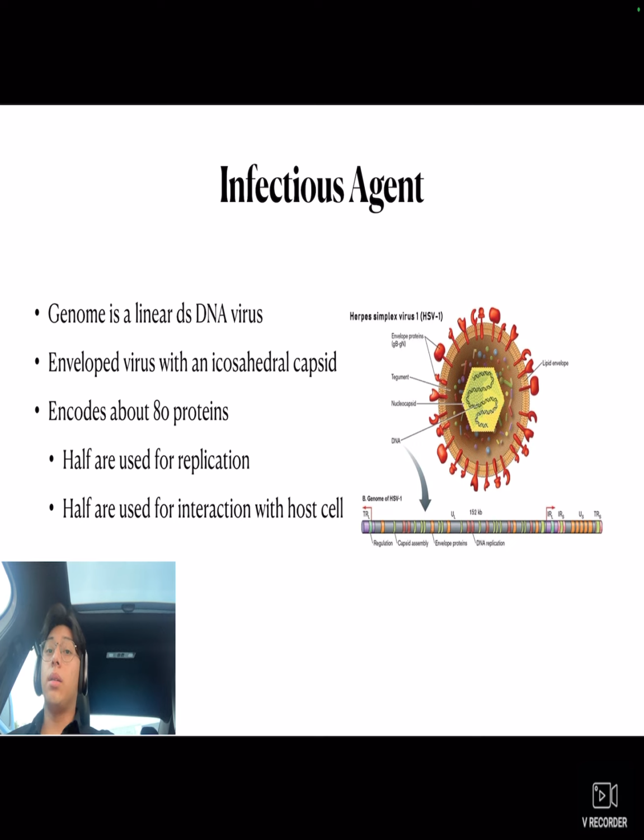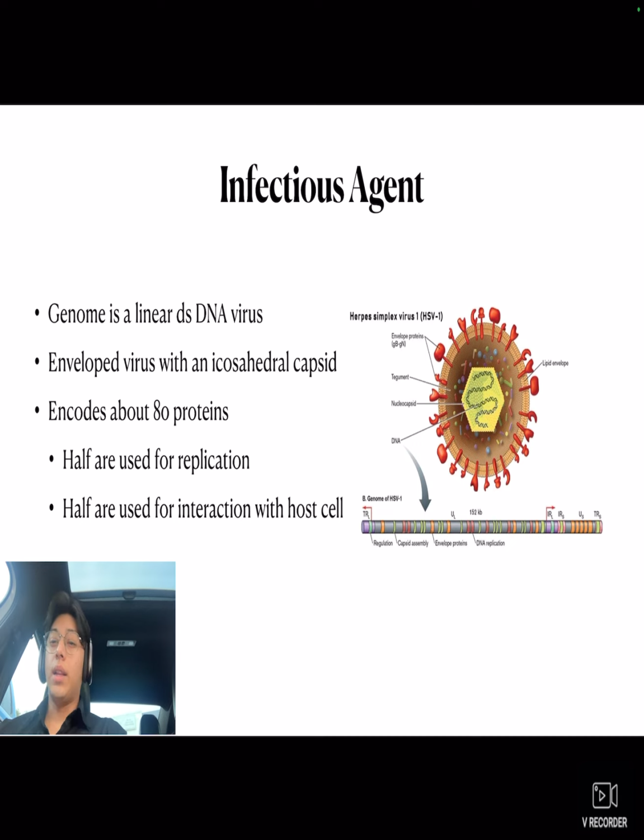The genome encodes about 80 proteins, in which half are used for replication and the other half for interacting with the host cell. You also have tegument proteins around the capsid, which are kind of faint here, but those are virus-encoded proteins.